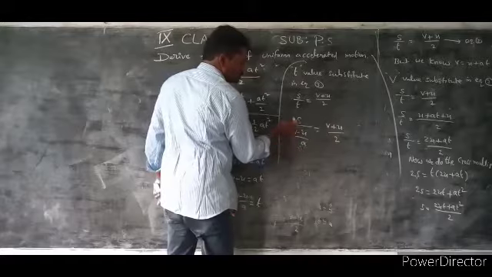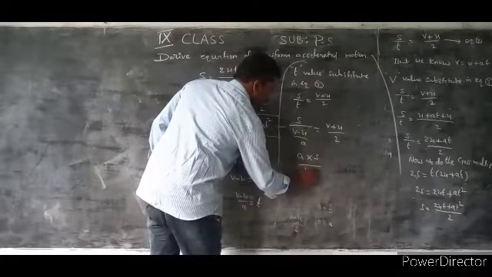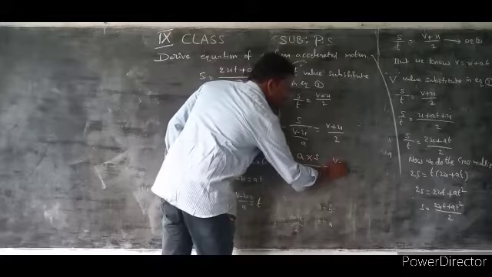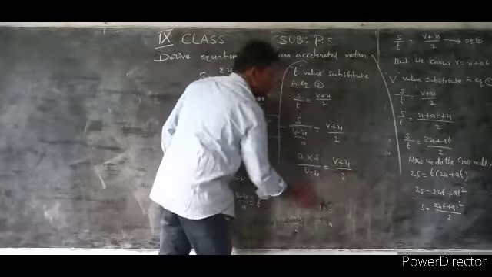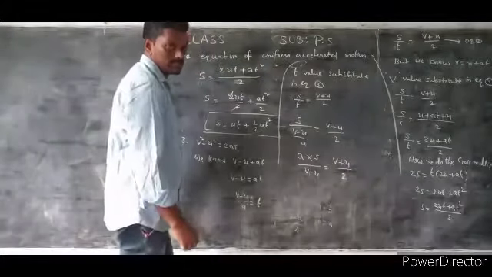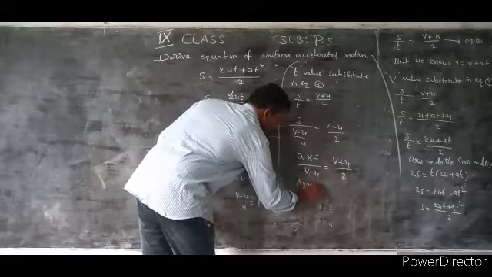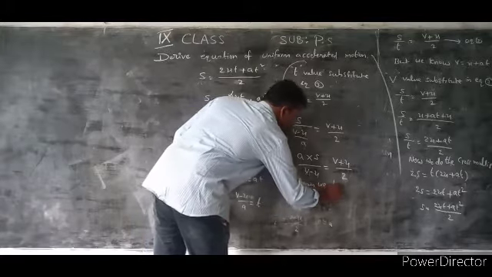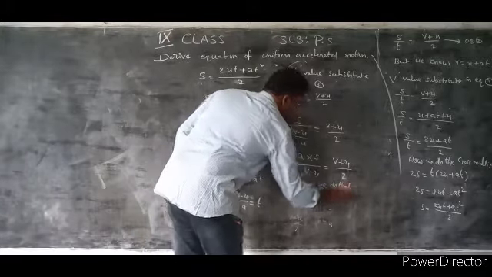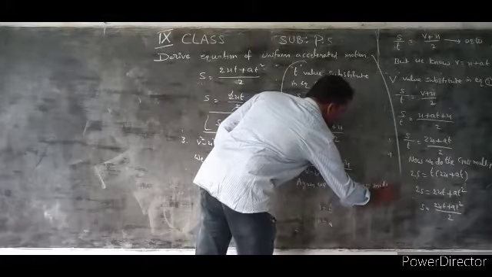The a goes to the numerator: a into s by v minus u is equal to v plus u by 2. Again we do the cross multiplication.